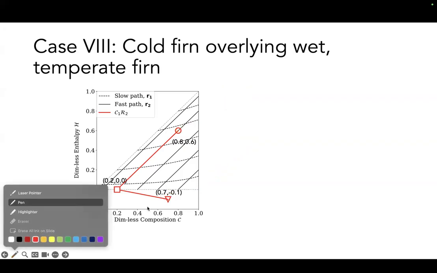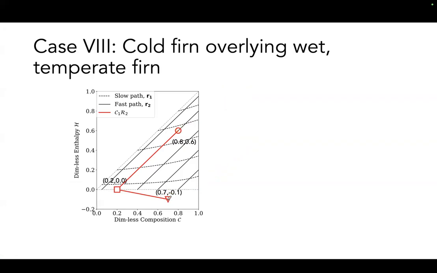In this case, we first extend a fast path from the right state, wherever it goes. And when it hits enthalpy equals 0, that is connected to the left state. So from the left state, we form C1, contact discontinuity.